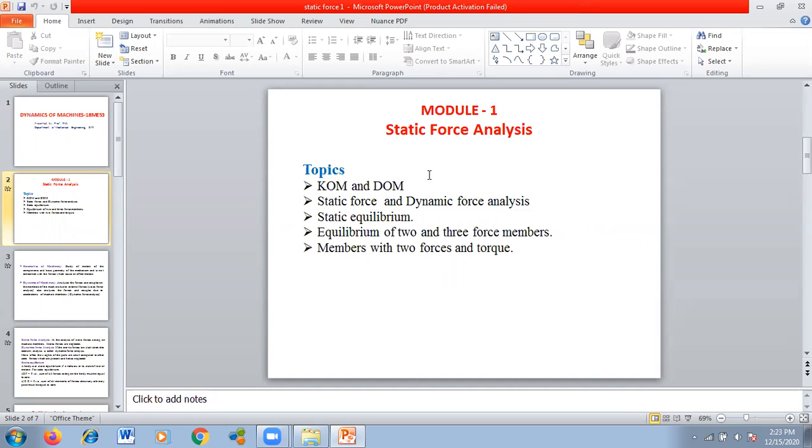The topics which I am going to cover are kinematics of machines and dynamics of machines, that is KOM and DOM, static force and dynamic force analysis, static equilibrium of a body, equilibrium of two force and three force members, and equilibrium of two force member with torque. So in this PPT, I am going to cover these topics.